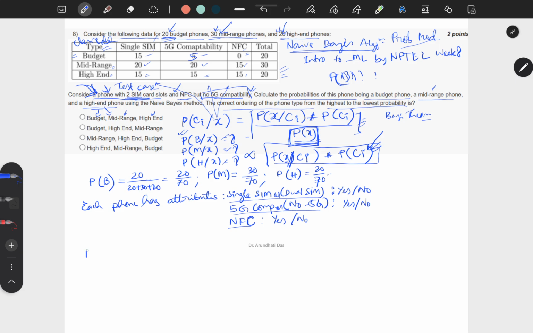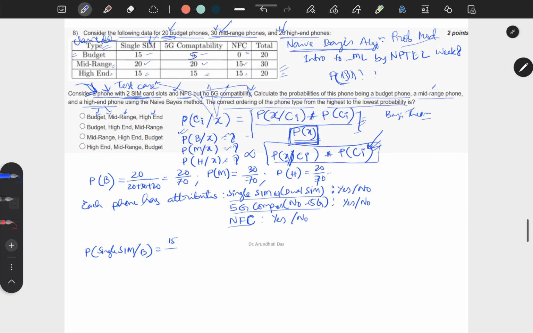So first let me calculate the probability of the first feature, single SIM, given the phone is budget phone. What is that probability? Budget phones are 20, and out of 20, 15 are having single SIM.